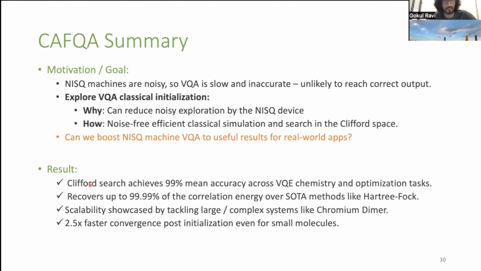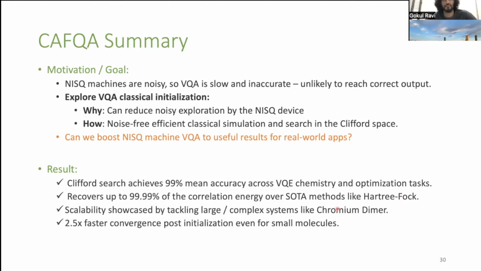This technique has proven to be very powerful and is able to achieve over 99% accuracy in both chemistry and optimization tasks. In some cases, it achieves 99.99% improvements over state-of-the-art chemistry-inspired techniques like Hartree-Fock, which I will briefly explain.